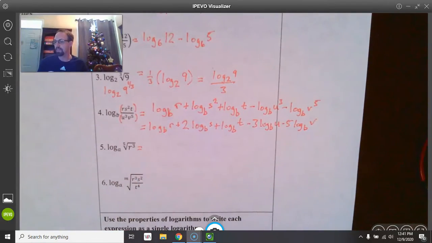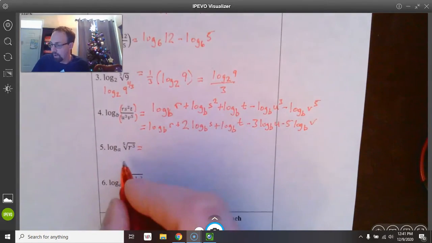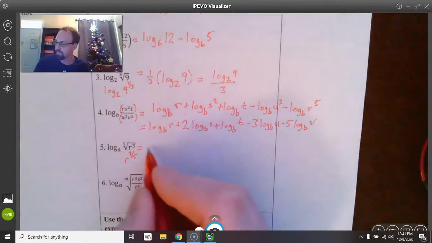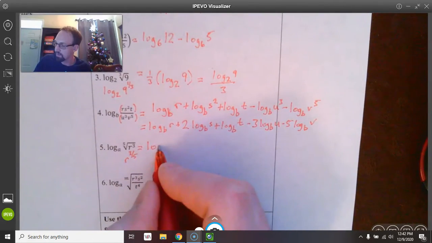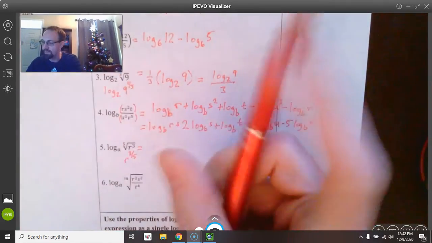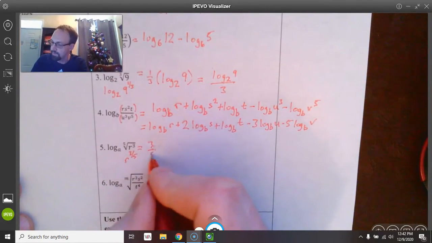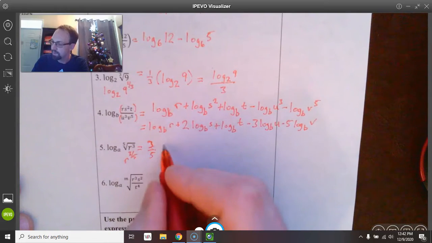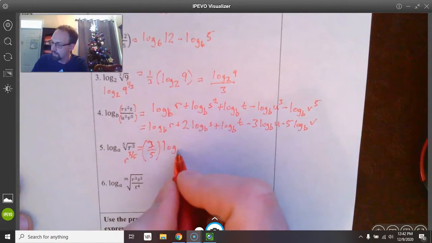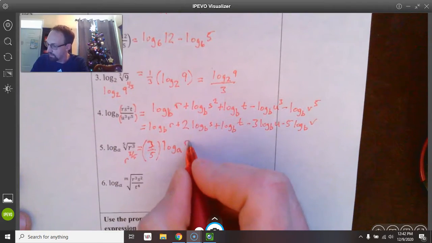For this next one, this is r to the 3/5 power, just writing that off to the side here. So this is going to be log. Pulling out that 3/5 in front, that's going to be 3/5 times log base a of r.